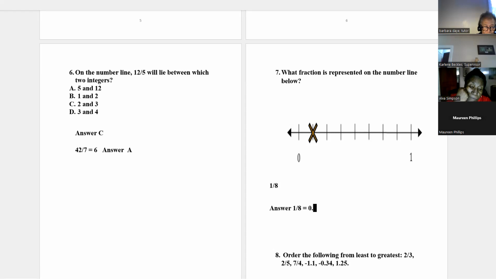What's half of 25%? 1/4 equals 0.25, right? 1/2 equals 0.75. 1/4 is equal to 1/8, right?